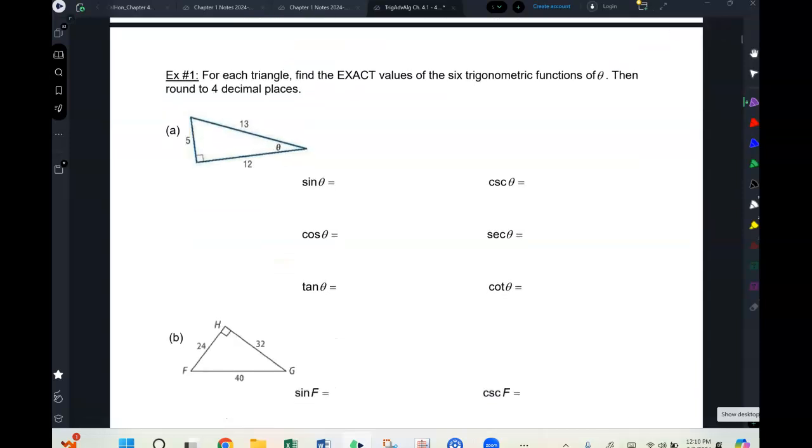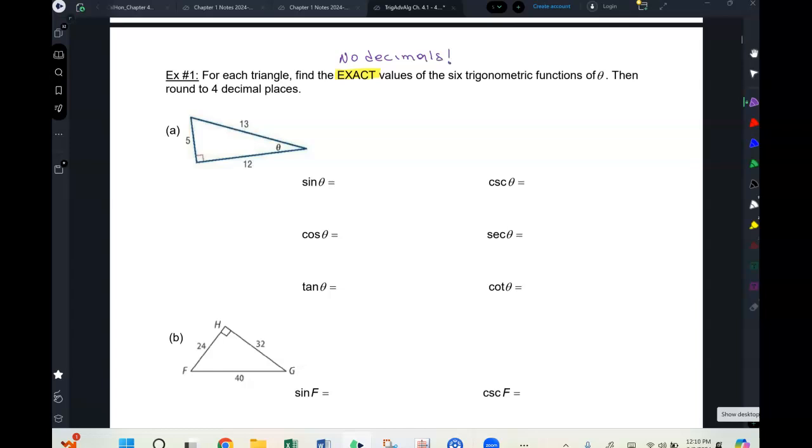This is fine. Okay, so find the exact values of the trig functions of theta. Okay, let's take a look at this for a minute. Exact value means no decimals. So either roots or fractions only.